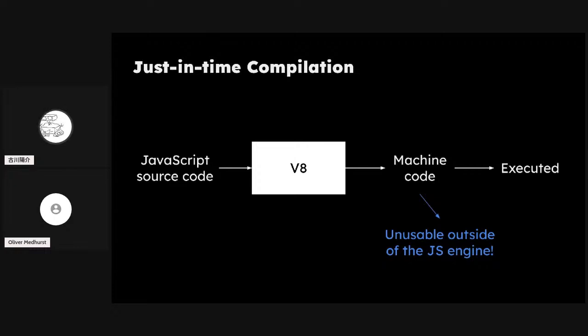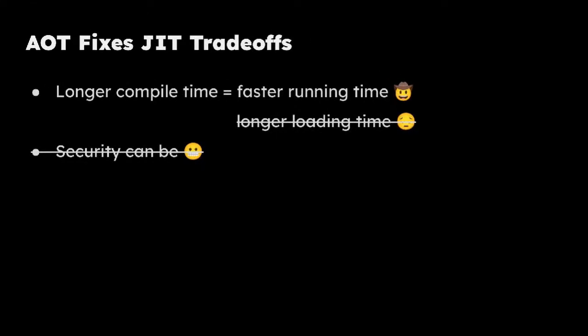Various technical reasons. So ahead-of-time compilation fixes most of the trade-offs of JIT, where you don't have that loading time because it's compiled ahead of time in advance of the user's machine.